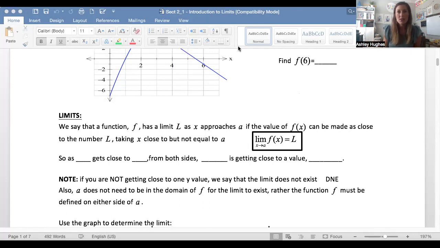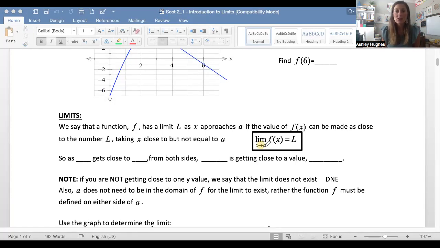So if you notice this notation, you see that there's a little arrow right here. And so that's not as x equals a, that's as x gets close to a. So this is said the limit as x goes to a, or the limit as x approaches a of the function is equal to some value. So what is it getting close to?